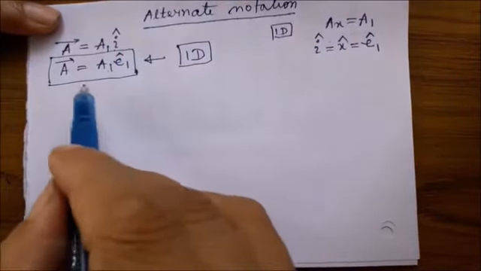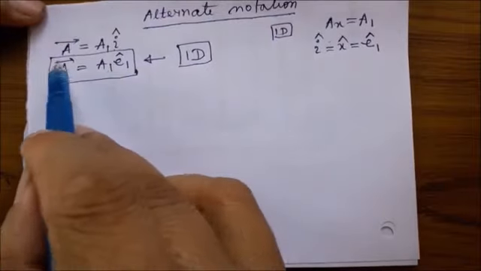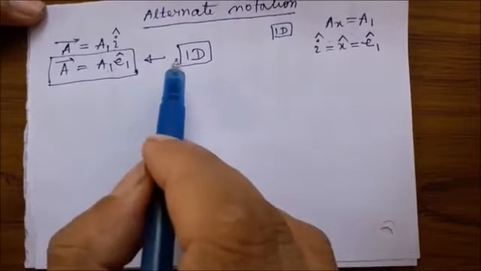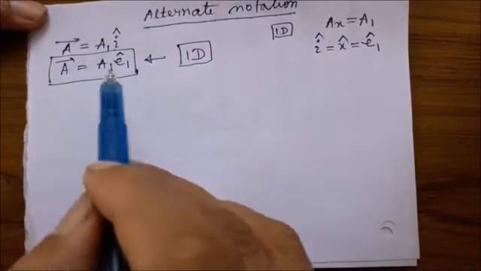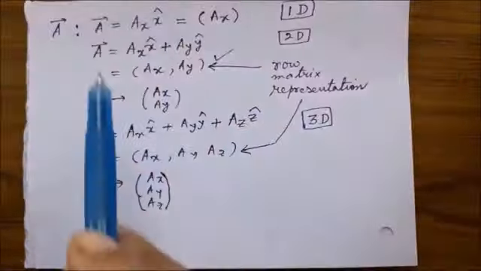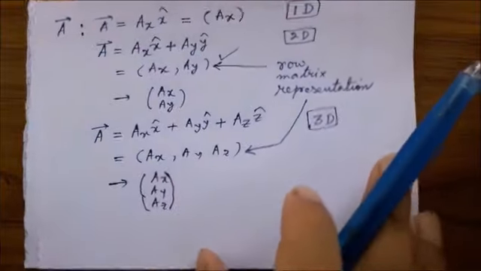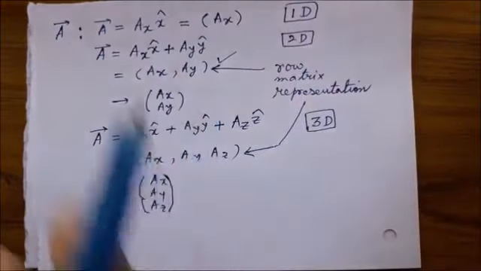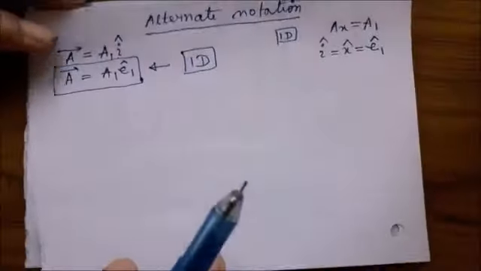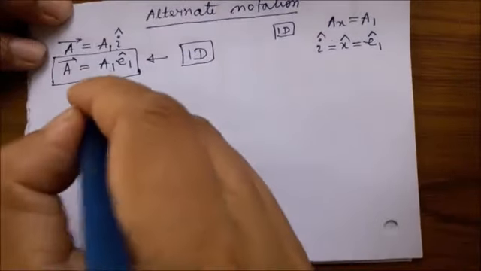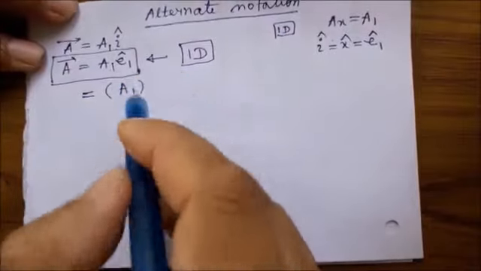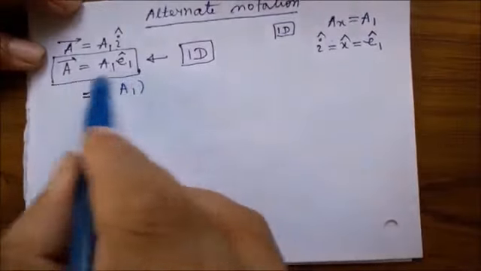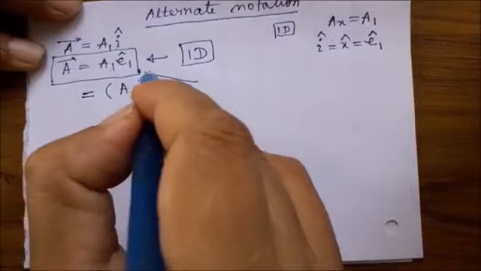So you can easily gauge how much friendly notation we have switched onto and how much complicated notation we were following when we were writing these things. So let us write it in an alternate way, a coordinate representation. So this is vector representation and this is coordinate representation.